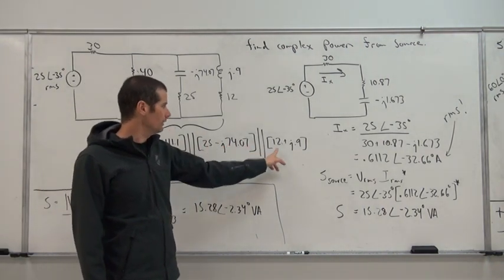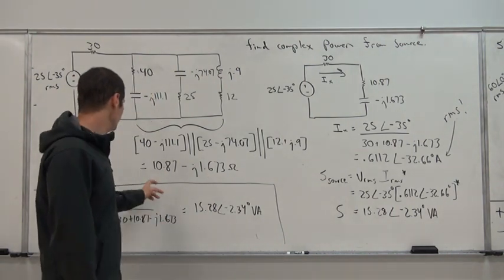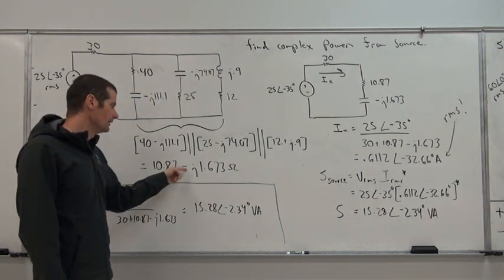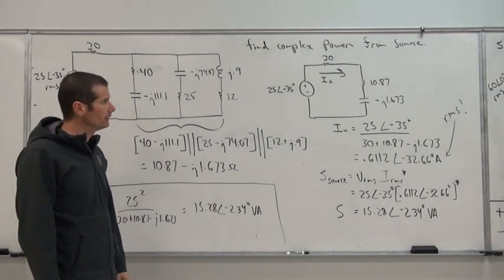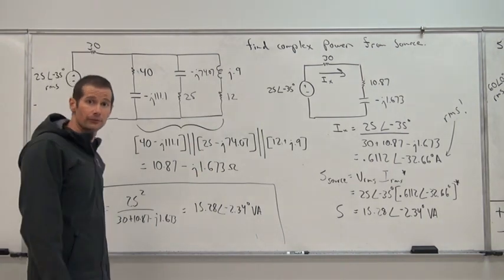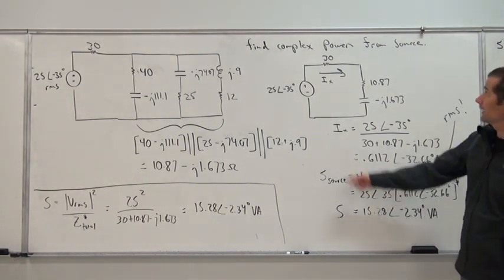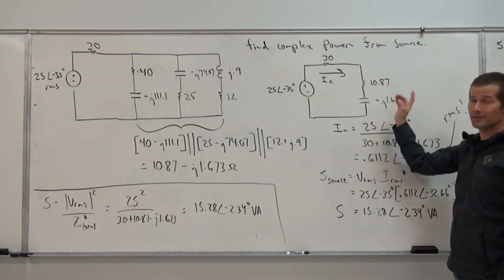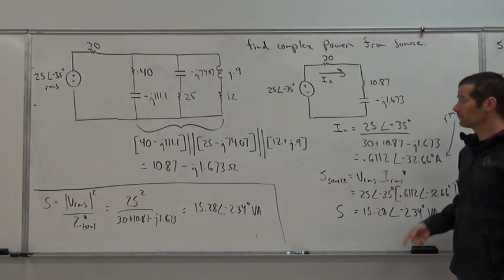and then also in parallel with 12 plus J 0.9, we get an equivalent impedance of 10.87 minus J 1.673 ohms. From there, we can break down the circuit into a series loop, piece of cake here. We find IX: we got 30, that's in series with 10.87, as well as minus J 1.673 ohms.